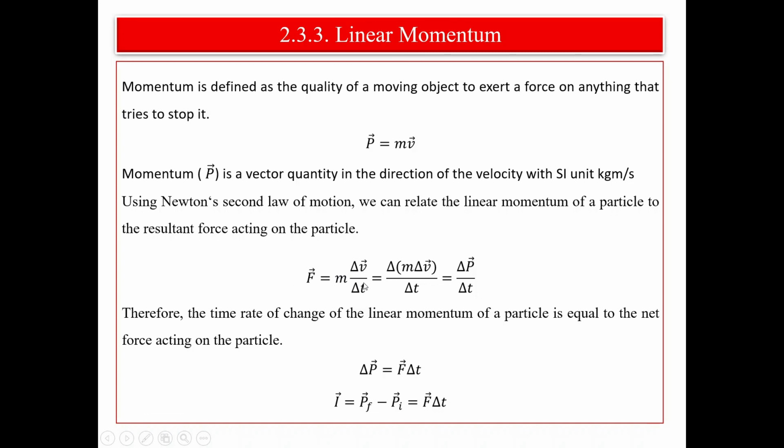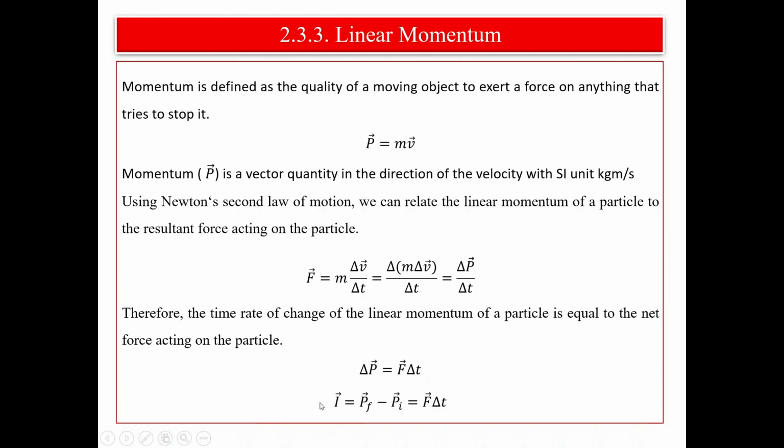So right now, instead of writing the acceleration, we use change in velocity over change in time. So it's also possible to write m change in v, where m change in v is the momentum, so change in p over change in t. Therefore, the time rate of change of linear momentum of a particle is equal to the net force acting on the particle. So change in p is equal to F change in t.